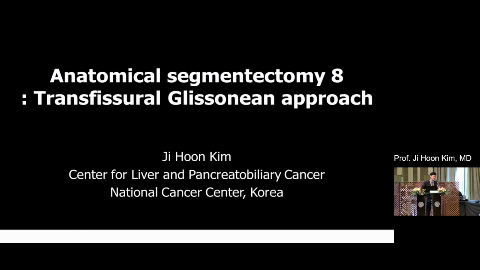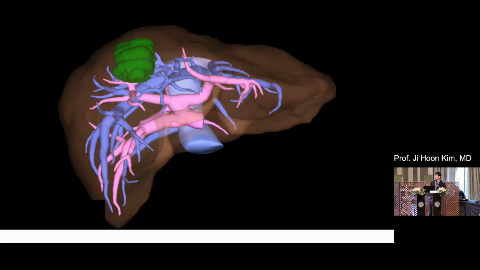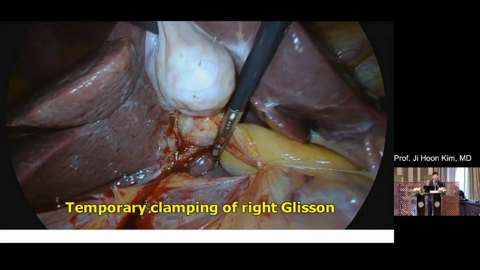I show the anatomic segmentectomy 8 using the transfissural Glissonian approach, a laparoscopic approach. So we check the target Glissonian pedicle, and we first identify the midplane, opening the midplane.